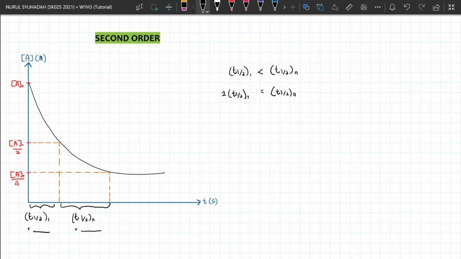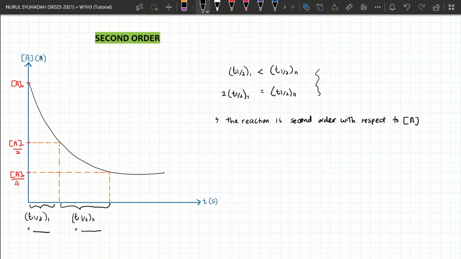Okay, so you will put the conclusion here after you write this part. Next, the conclusion: the reaction is second order with respect to the concentration of A.